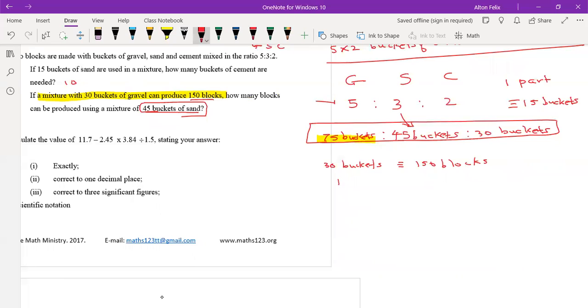So 1 bucket of gravel in the mixture will give us 150 divided by 30, which is 5 blocks.